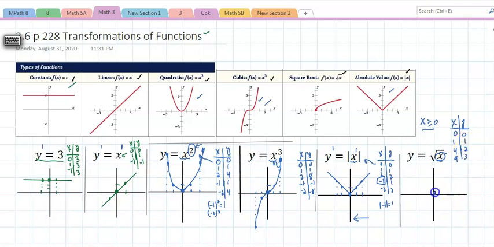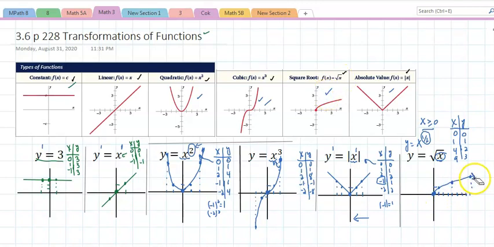So 0, 0, 1, 1, 4, 2, 9, 3. Do keep in mind that this is y equals x to the 1/2, so the power is not 1. You connect this with a smooth curve and there comes your radical.